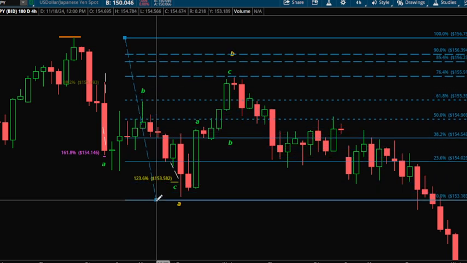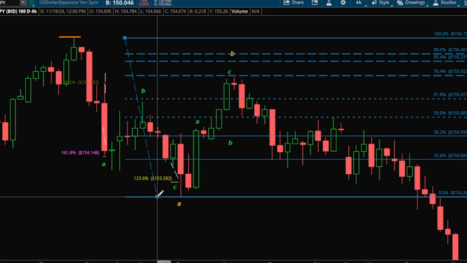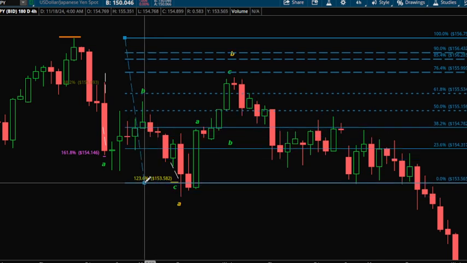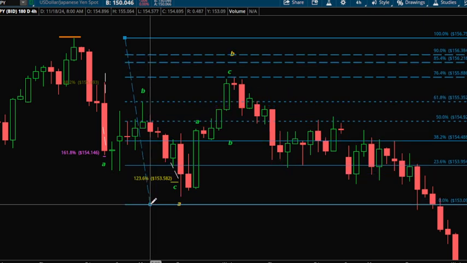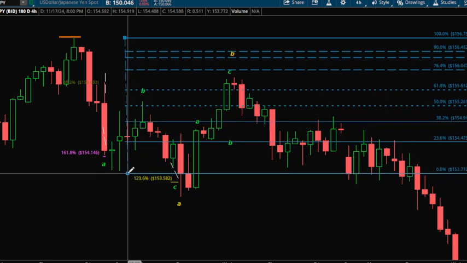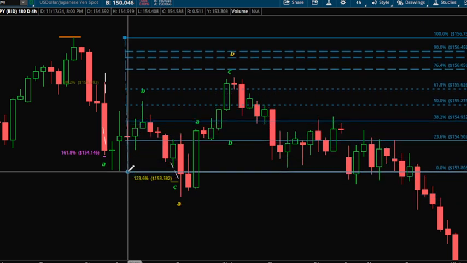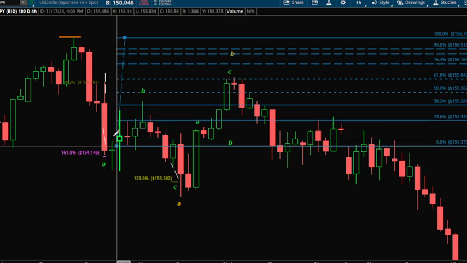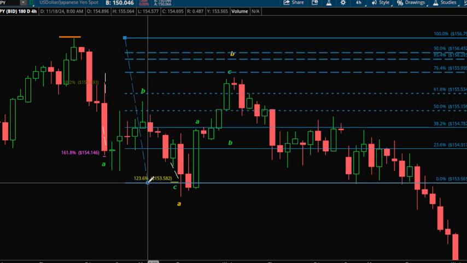But if we did measure it from here, it still doesn't give us anything. Interesting. It didn't really give us a retracement fib.